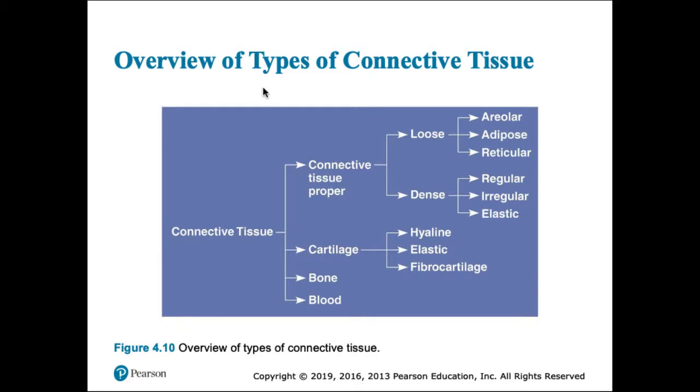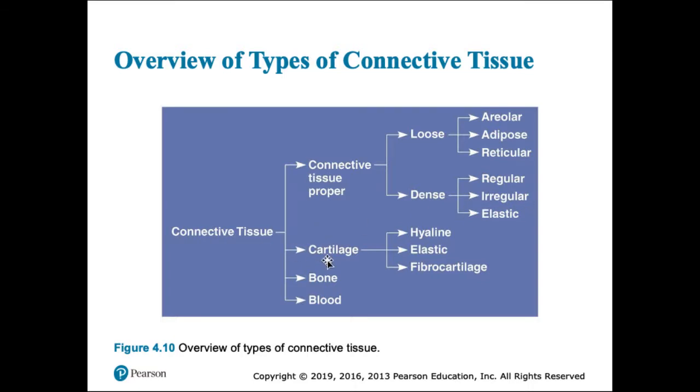This is just because there's so many of these. This is an overview of the types of connective tissue. We've got connective tissue proper, which can be divided into loose and dense. Loose can be divided into areolar, adipose, reticular. The dense side can be divided into regular, irregular, and elastic.